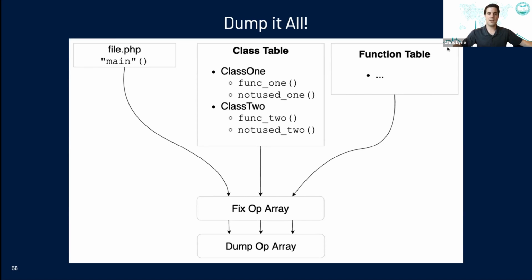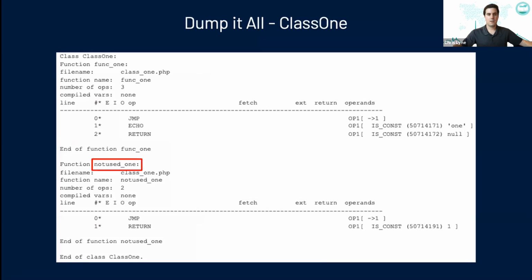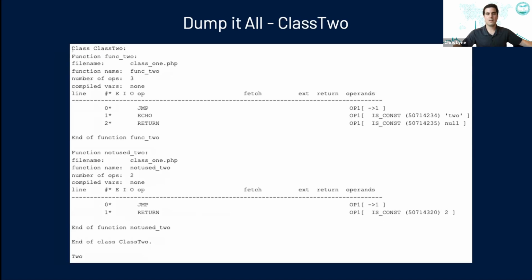In this case, we didn't really have any functions outside of the classes. But all of these would need to be processed as op arrays, and then at that point, we would dump the op array. And so then I was able to view the instructions for not used 1, and additionally, class 2 entirely.